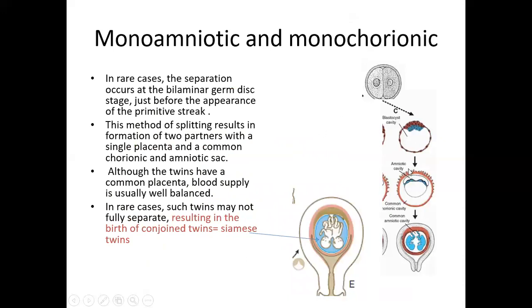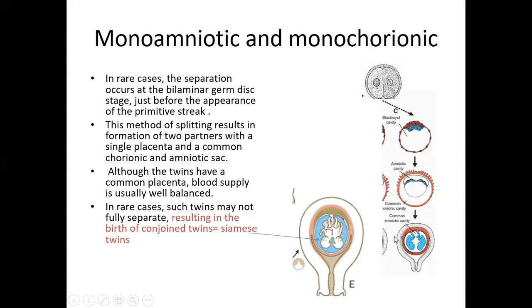Then monoamniotic, monochorionic, when the separation occurs at the bilaminar germ disc just before the appearance of the primitive streak. This method of splitting results in the formation of two partners with a single placenta and a common chorion and a common amniotic sac. Although the twins have a common placenta, blood supply is usually well balanced.